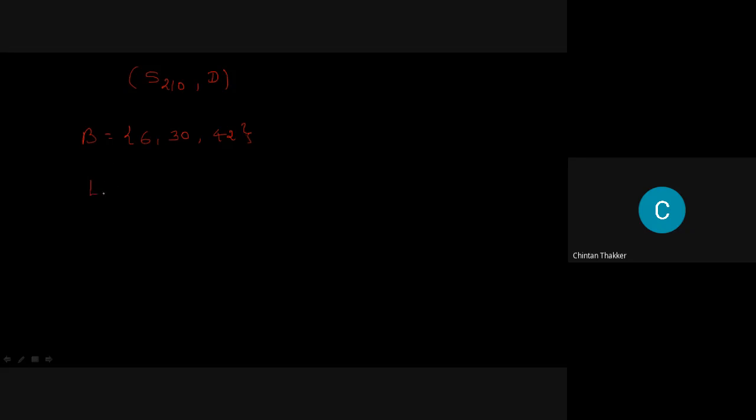You have to find the lower bounds of B and then the greatest lower bound of B.